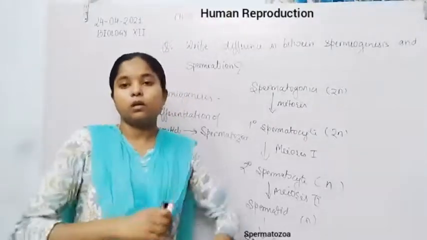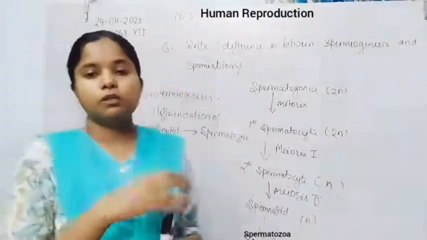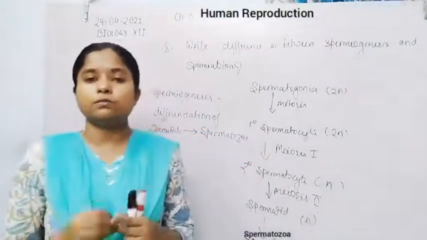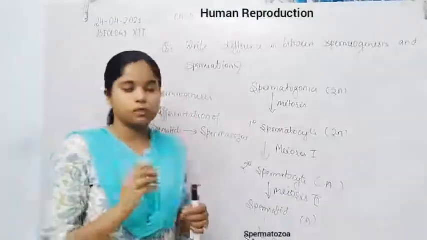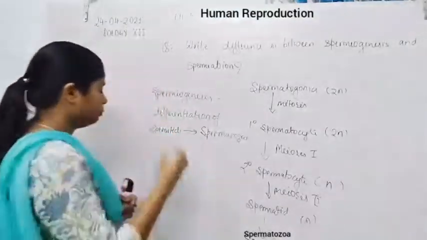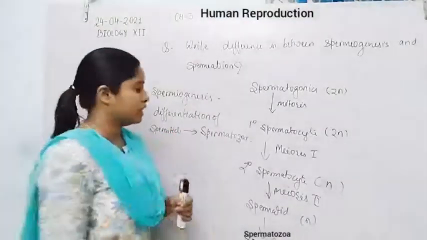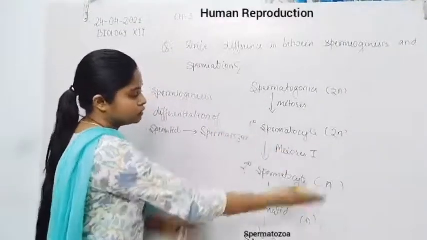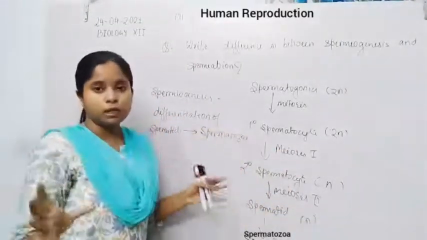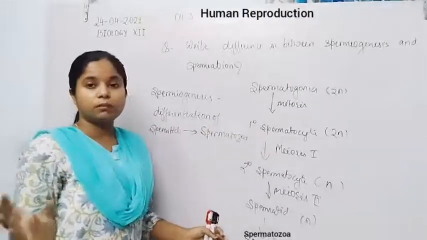for reducing the cell mass of the spermatozoa, because they have to transfer into the vagina, so for this purpose they also reduce the size of the spermatozoa as compared to the germinal cell. So from one cell there is formation of four spermatozoa.